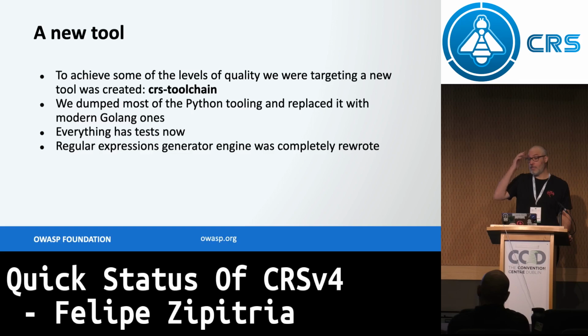So right now, by switching to Golang, we have one way of testing things for all the tooling, which was another really good addition on what we are doing, because we have tests for practically everything, and we have very good coverage on the tool itself. So that's a real win for the project. And of course, dumping all the tooling, it was really a cleaning step that we needed.